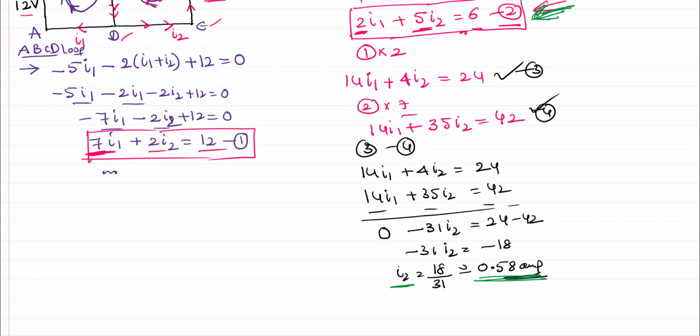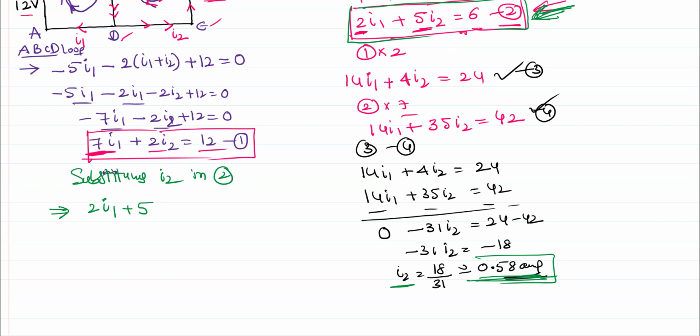Therefore, substituting I2, that is this much, in equation number 2. Equation number 2 now transforms as 2I1 plus 5 times I2, which is 0.58, equal to 6.